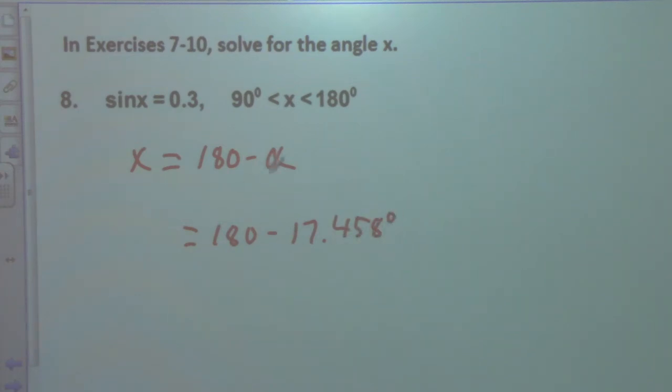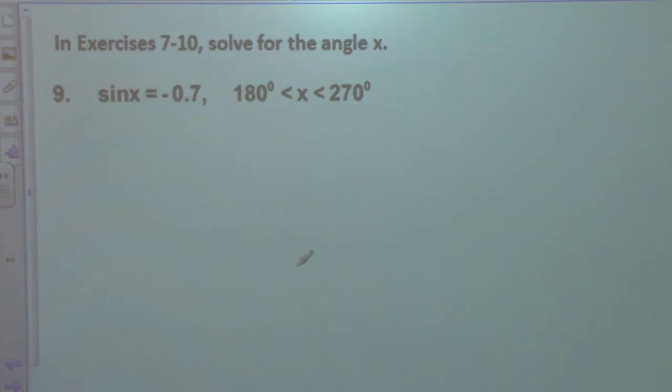So this is an instance where this alpha, 17.458, is a reference angle. And so you can just go ahead and put this in your calculator. What do you get for that? 162.542 degrees, okay? So that's 8.